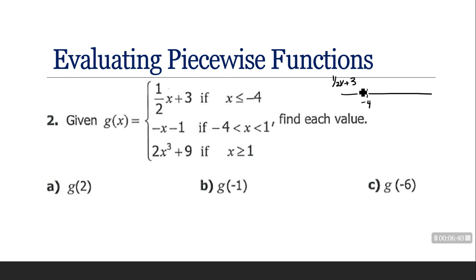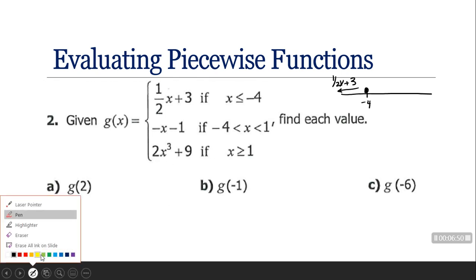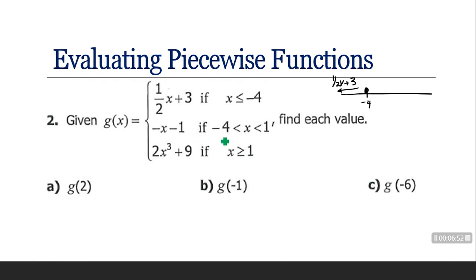1/2 x plus 3 is going to go to the left of that value. And I would put a closed circle if I was thinking about it. We are also going to graph negative x minus 1 when negative 4 is less than x, which is less than 1. So between negative 4 and positive 1, I would graph the function negative x minus 1.